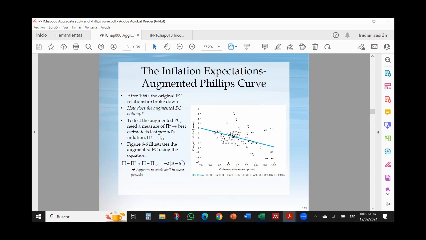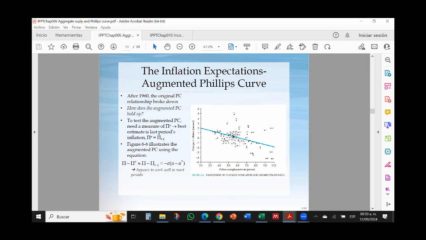A few decades ago, actually, the evidence was against the Phillips Curve. We were living with stagflation. Stagflation means very high inflation and a very high unemployment rate, and therefore, by contrast, you observe a positive relationship. Nevertheless, under some assumptions and taking into account your expectations about inflation, it is still possible to find easily that there is a relationship between inflation and unemployment, and that relationship is negative.